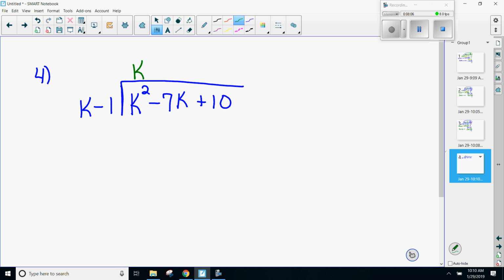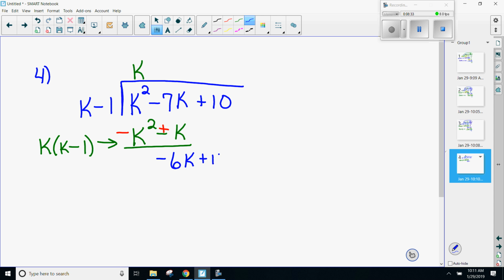K. So you take k times k minus 1. What does that give you? K squared minus 1k. But what do you do? You change your signs, and you add a k, and when you group your k's together, what do you get? Negative 6k.